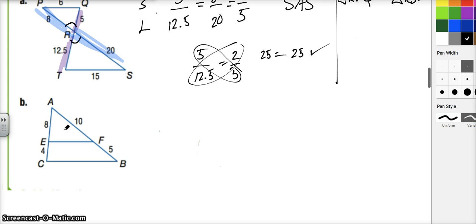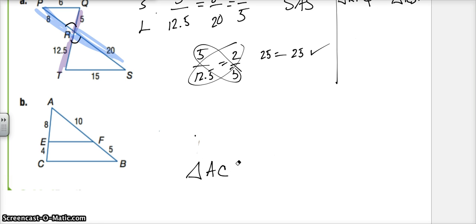What the? Okay, so I have these two triangles that are nested in one another. And so I see I've got triangle AEF and ACB. Hope you see that too. No, that's wrong.